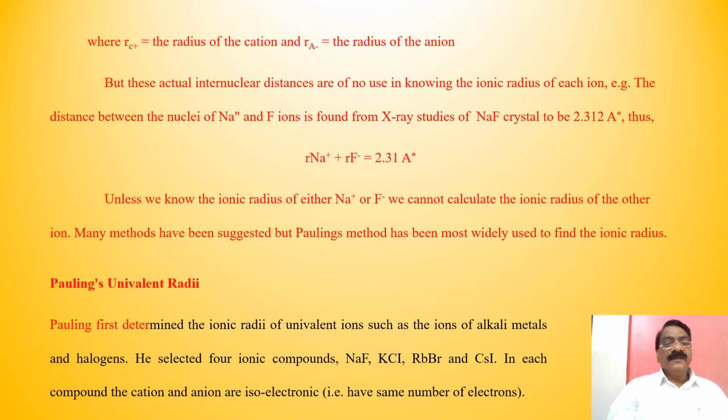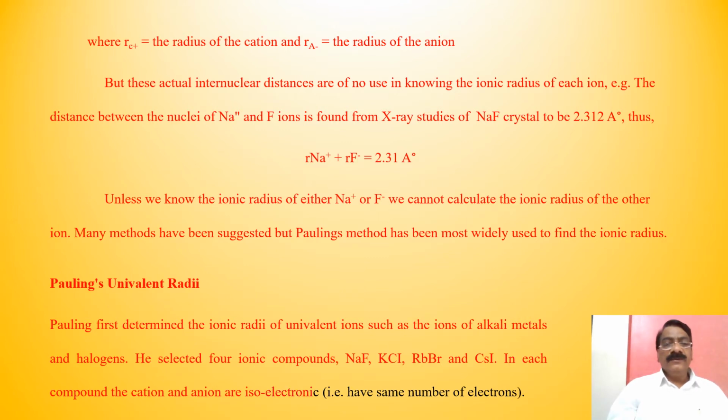Pauling first determined the ionic radii of univalent ions, such as the ions of alkali metals and halogens. He selected 4 ionic compounds, that is NaF, KCl, RbBr and CsI.